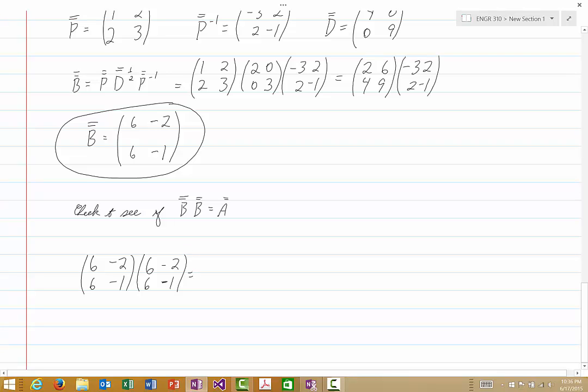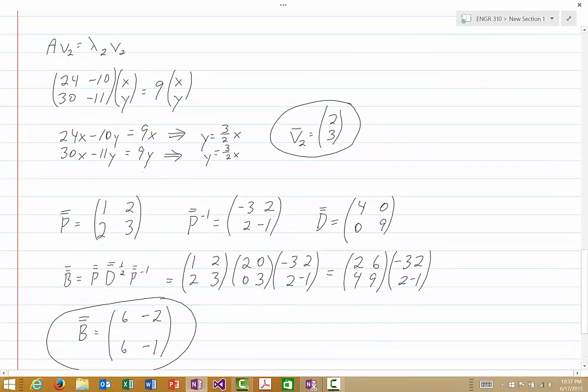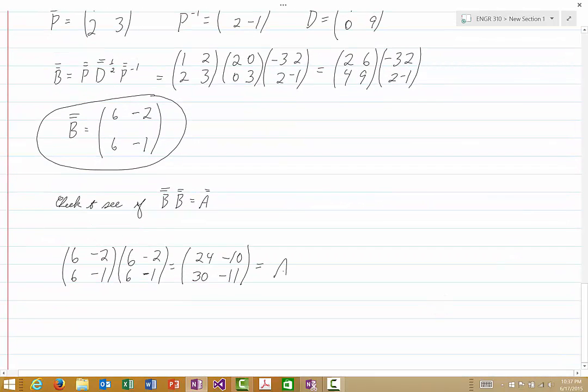This will give us 6 times 6 is 36, minus 12 will be 24. 6 times negative 2 is negative 12, and 2 is negative 10. 6 times 6 is 36, minus 6 is 30, and 6 times negative 2 is negative 12, and 1 is negative 11. And sure enough, if you compare that to what we have above, you see that it is indeed (24, negative 10; 30, negative 11). That is indeed the matrix A.